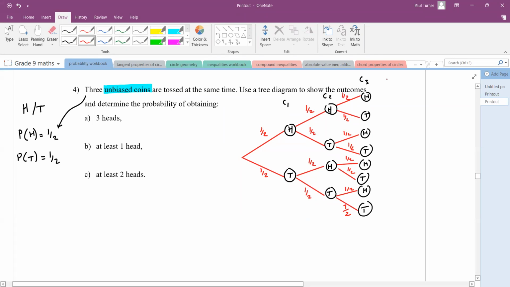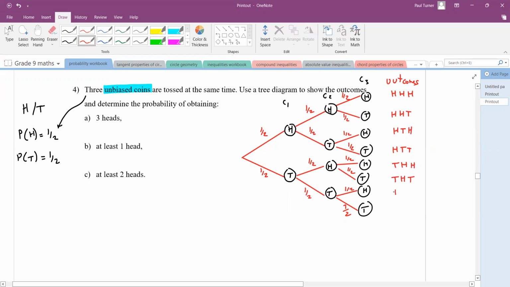So our outcomes, we should list them. So we can have head, head, head. So you could get 3 heads. We could get head, head, tail. So just read across the diagram. Then we could get a head, tail, head. We could get a head, tail, tail. We could get tail, head, head. Then we can get tail, head, tail.